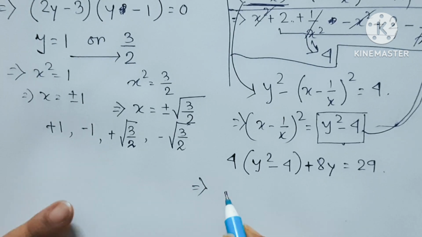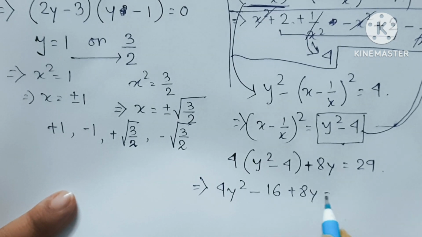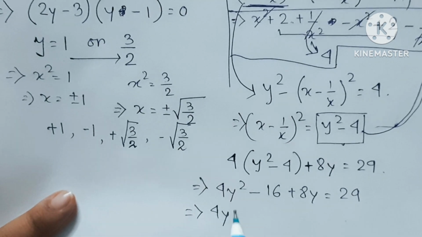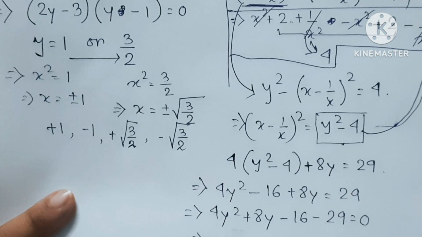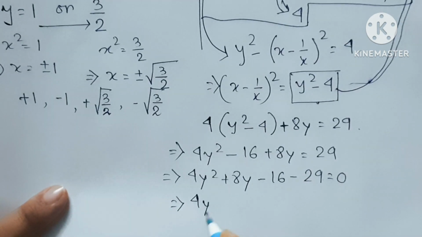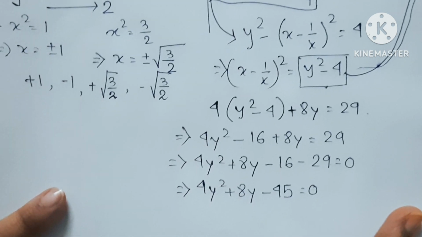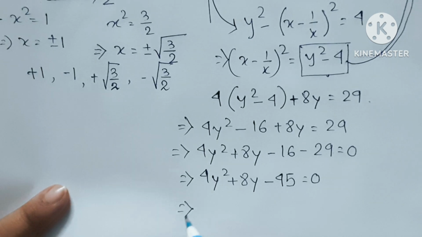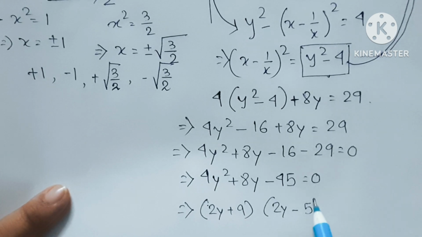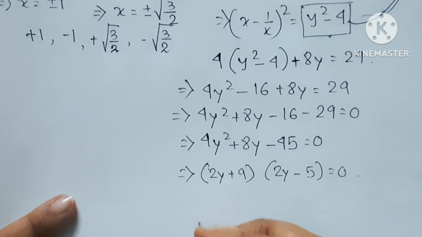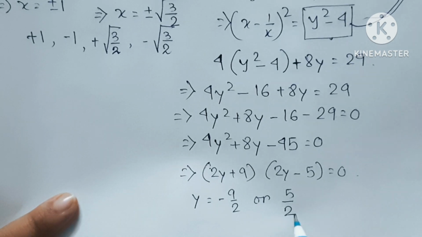Now see, this one is a quadratic equation. Okay. Now, if you factorize, you will get 2y plus 9, 2y minus 5 equal to 0, from where you will get y equal to minus 9 by 2 or 5 by 2.